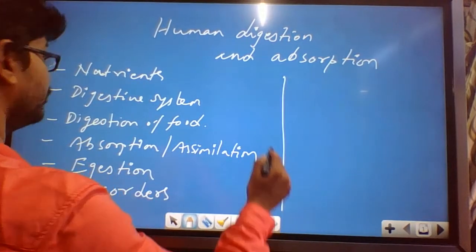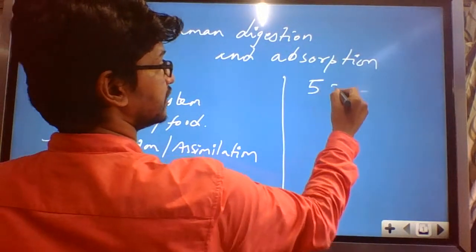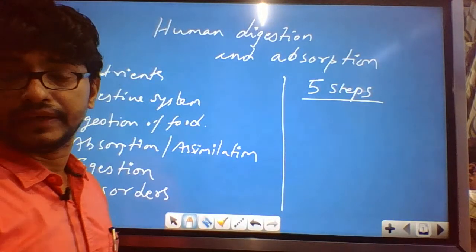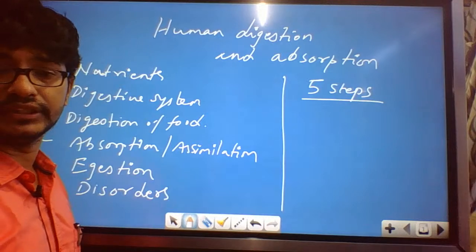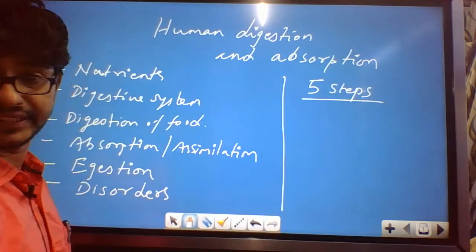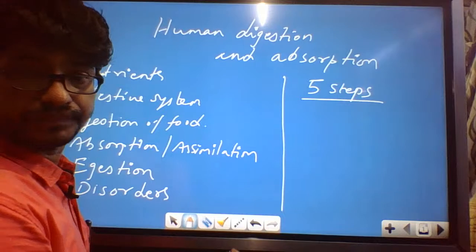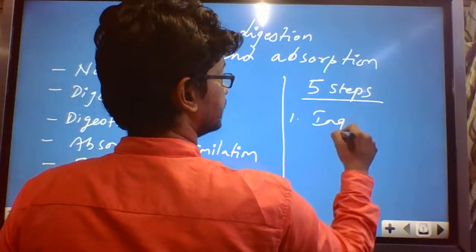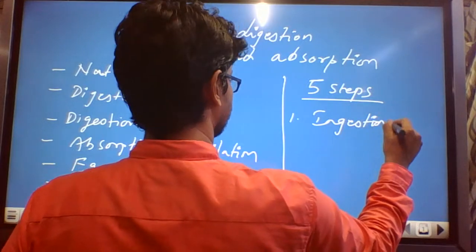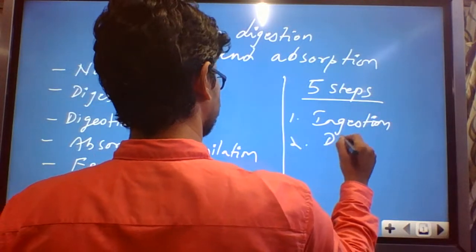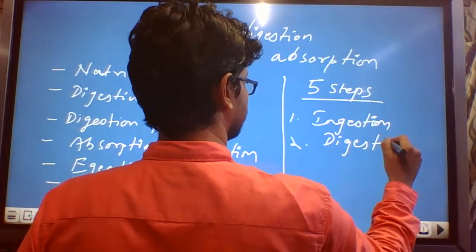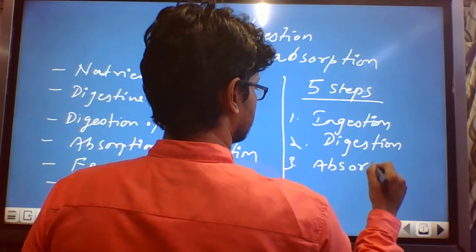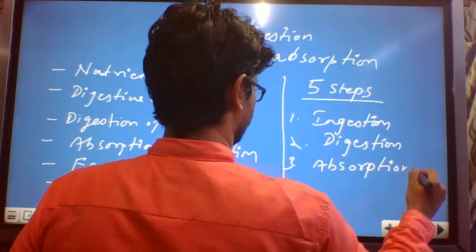When we talk about digestion, it involves 5 stages or steps, and we'll be covering all 5 steps. The first step is ingestion. The second is digestion: the ingested food has to be digested. The third is absorption.